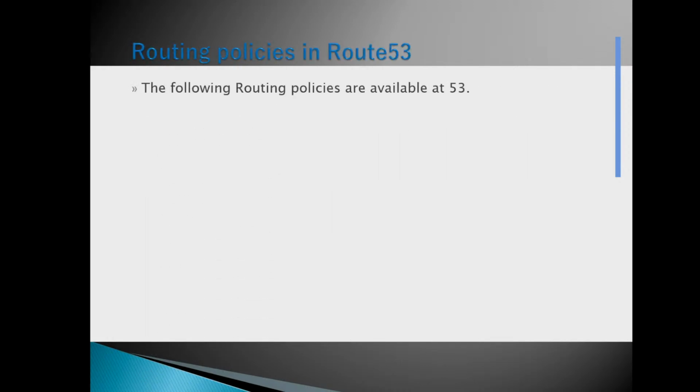Now coming to actual what is Route 53. So I told you, in Amazon, if you want to purchase a domain, if you want to work on a domain, then you have to register yourself in Route 53.